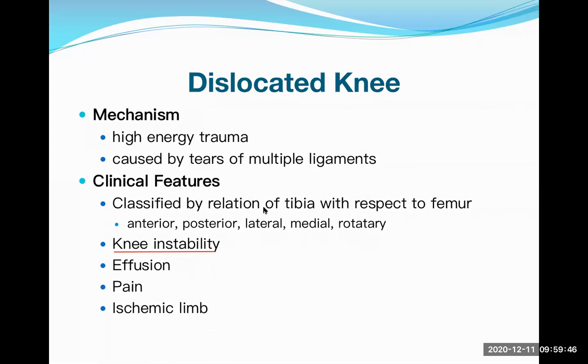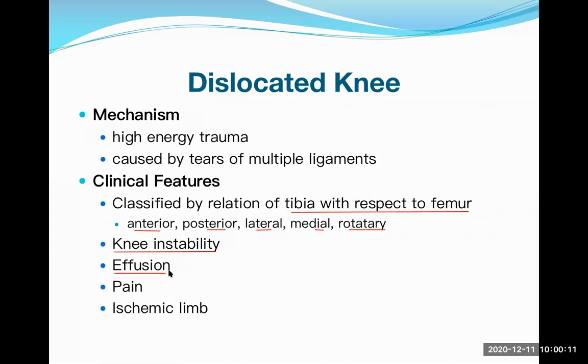According to the relation of the tibia with respect to the femur, the dislocations are termed anterior, posterior, lateral, medial, and even rotatory. It depends on where the upper part of the tibia is in respect to the femur. So this is about the type of dislocation of the knee joint.